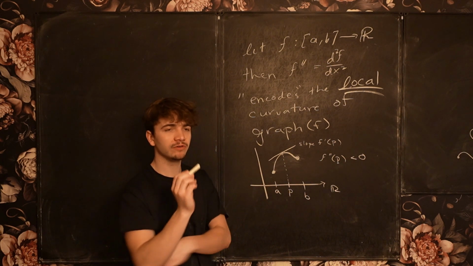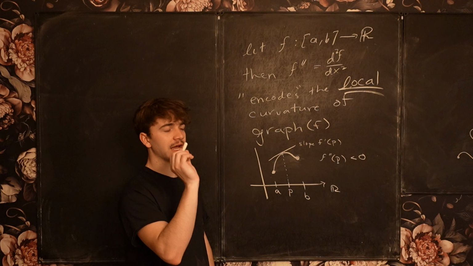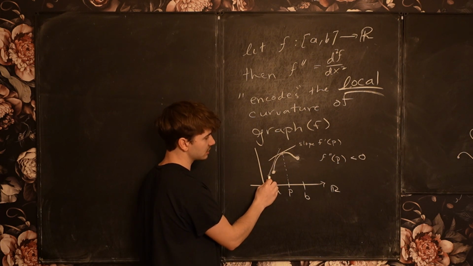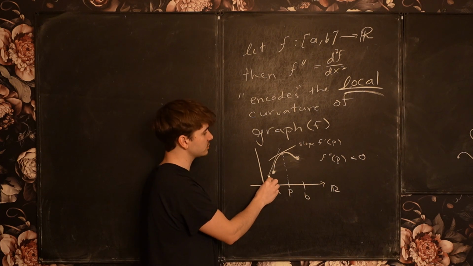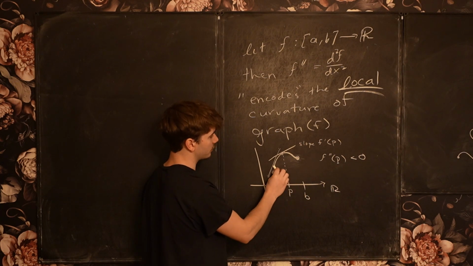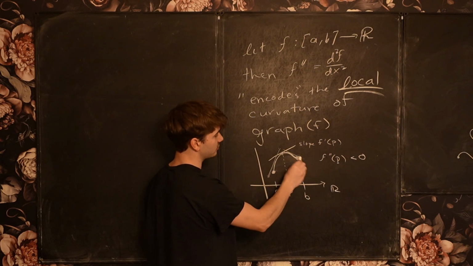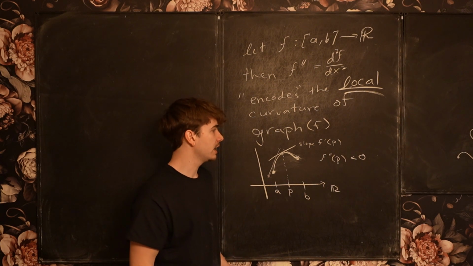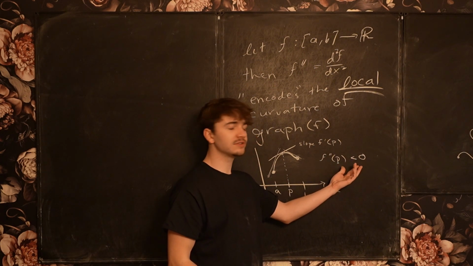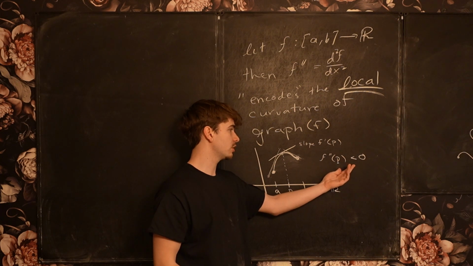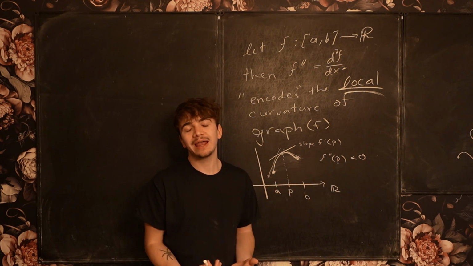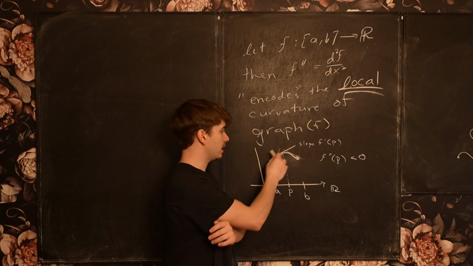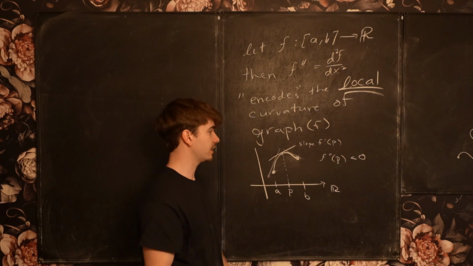If I look at the slope of the tangent line to the left of p, it's going to have greater slope, and then as I move forward across this interval, the slope is decreasing. So the rate of change of the slope is negative. In this way, the sign of the second derivative encodes a local curvature, and this we call negative local curvature. So the graph is locally curling downwards away from the tangent line.